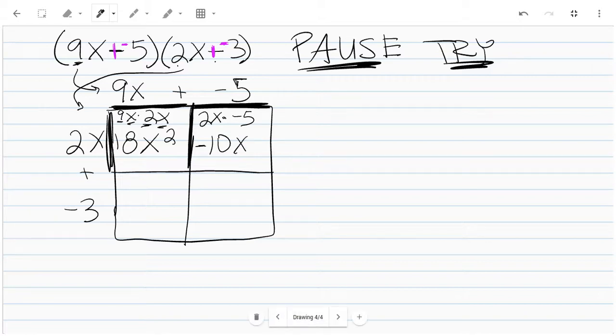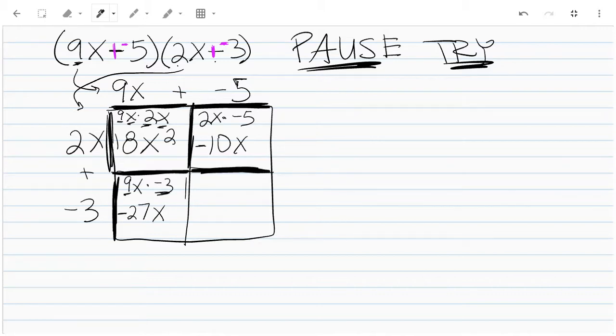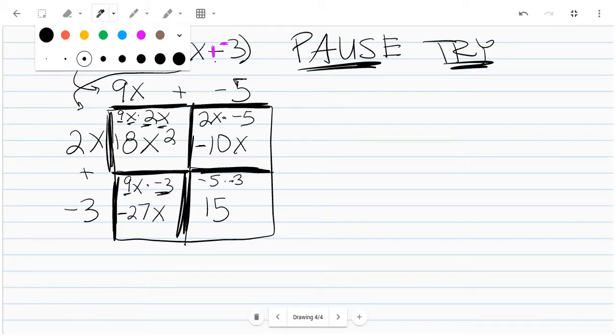I think we had that 5 on the last one too, huh? And then this is 9x times negative 3. And so 9 times negative 3 is negative 27x. And then negative 5 times negative 3 is positive 15.